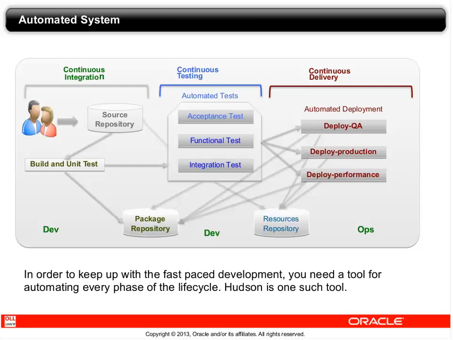Interestingly, all these things can be automated, and it must be automated if you want to have an agile environment where the product is being developed and cycled within a couple of weeks.